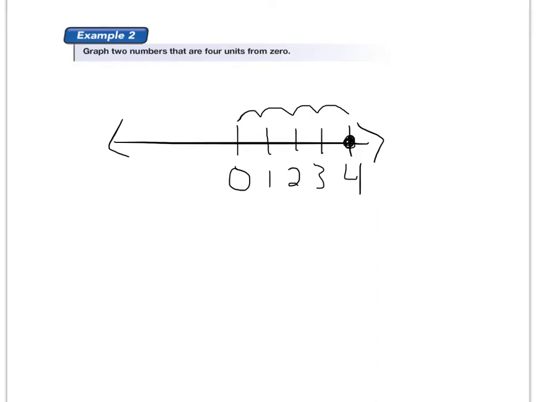Well, I can also go the other direction on the number line. So I'm going to go 1, 2, 3, 4 more units away from 0, but I'm going in the negative direction. So those numbers would be negative 1, negative 2, negative 3, and negative 4.